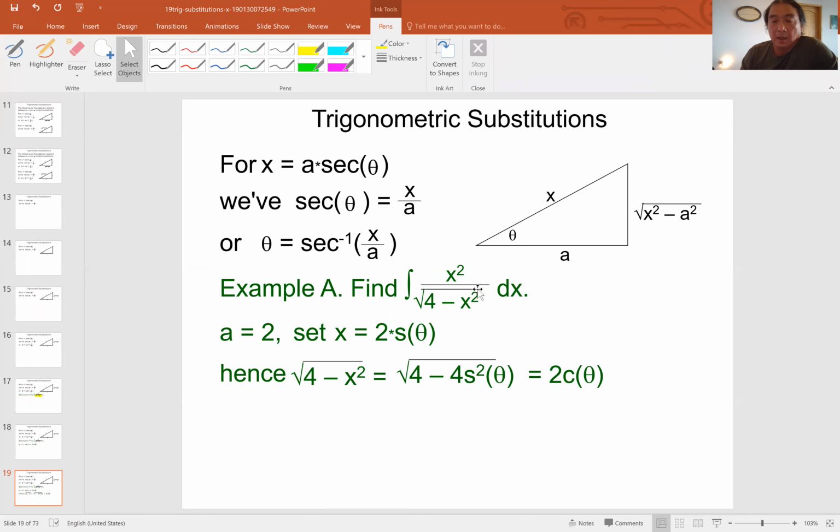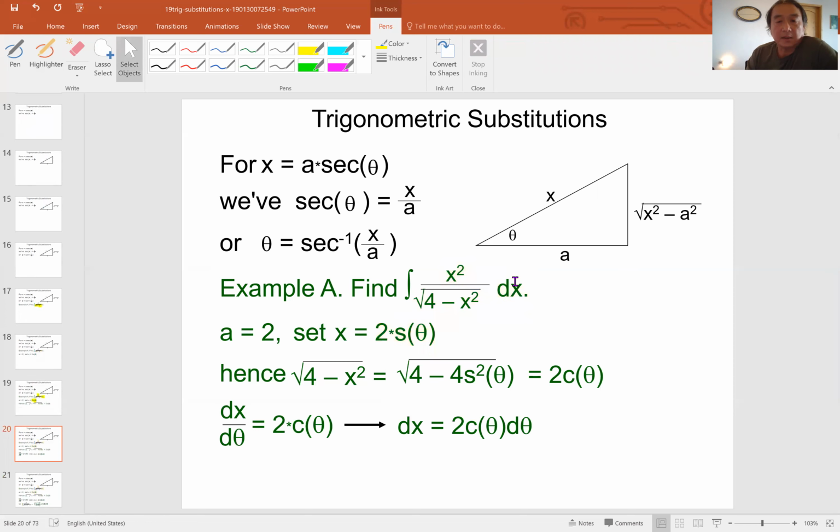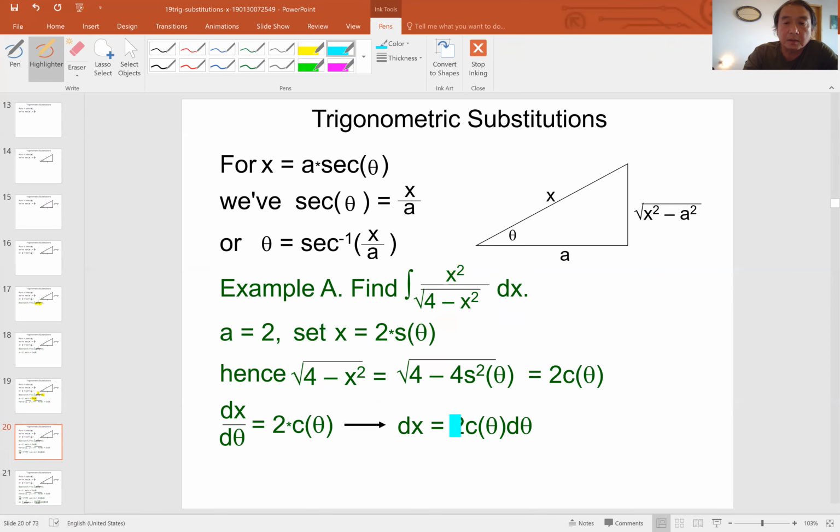And then we substitute the x, of course, by sine theta, so they become trigs. And dx we're going to replace by d theta times another trig function, so dx is 2 cosine theta d theta. So dx is replaced by that, and the x replaced by sine theta. So now everything becomes trigonometric functions.